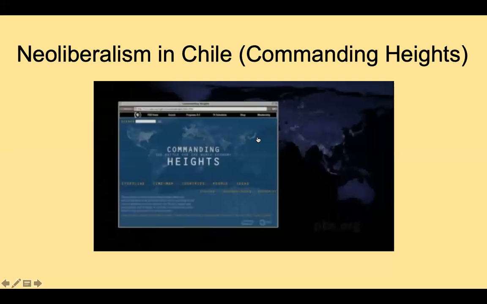And so neoliberalism reduced inflation, but it increased inequality. It did help to stabilize the economy. It did help to eventually set the tone for a return to democratic rule. But here's the thing. Milton Friedman's wrong when he says that neoliberalism caused democratic transition in Chile.